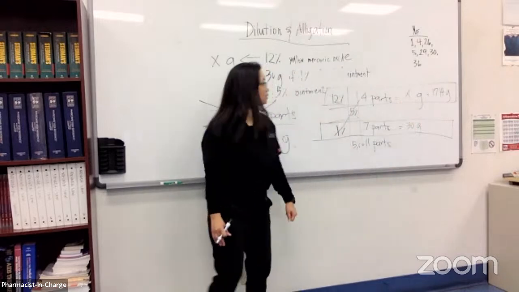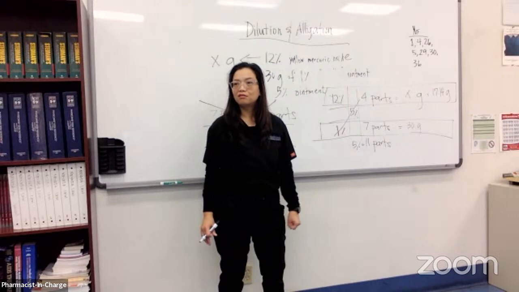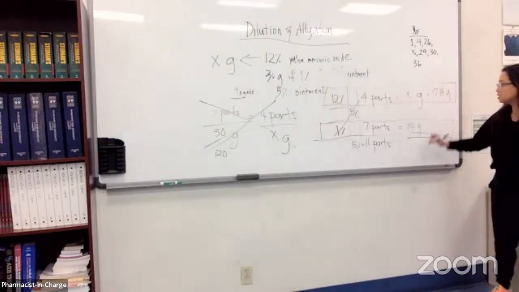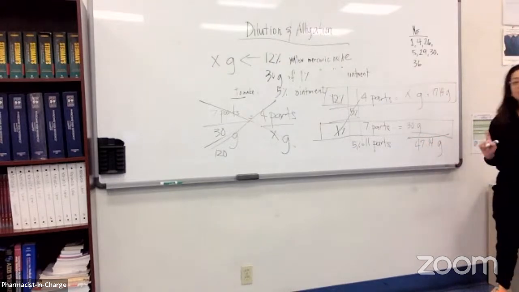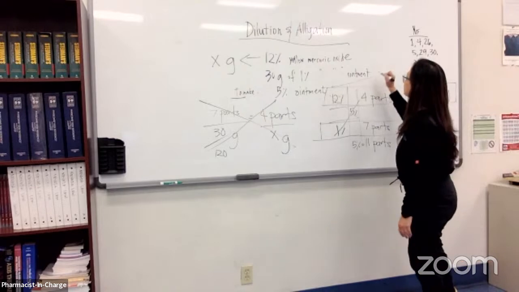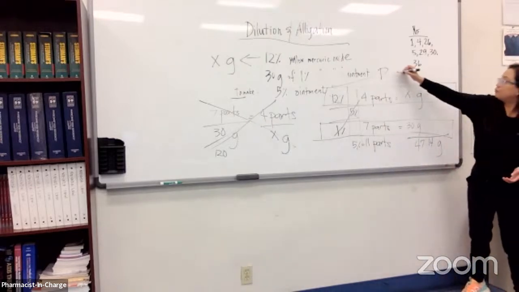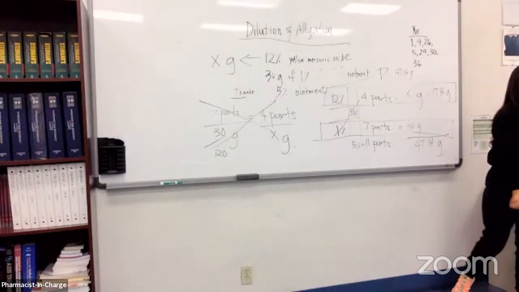Yeah. Sometimes the question is, how much is the total? Once you've set this up, all you need to do is to add the 2. That means that 5% ointment, the final weight of that ointment will be 47.14 grams.